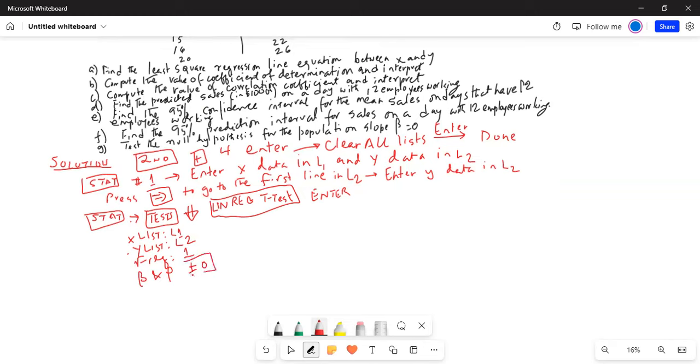This is where the cursor should be flashing, on not equal to 0, because that's the alternate hypothesis. And then we go down to Calculate and hit enter.